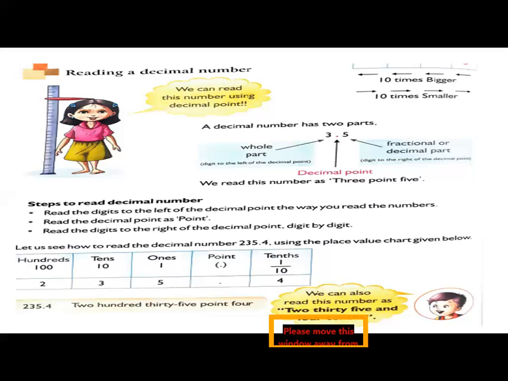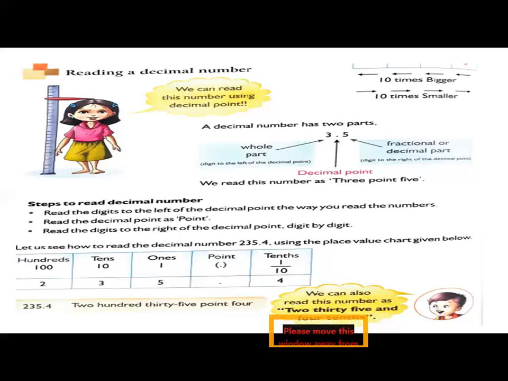Now let us see how to read the decimal number 235.4 using the place value chart. So now we are writing the place value chart for the example number 235.4. So 2 is in hundreds place, 3 is in tens place, 5 is in ones place, then point, then 10th position is 4.